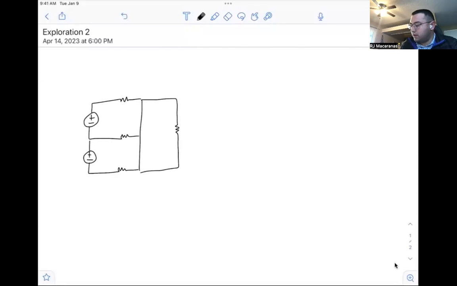And we are just using node voltage method, superposition, and Thevenin equivalent circuits. So that's just our topic for this week.